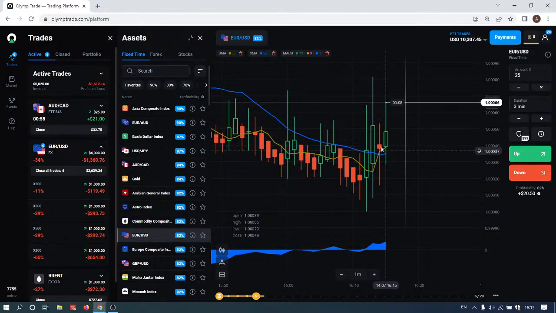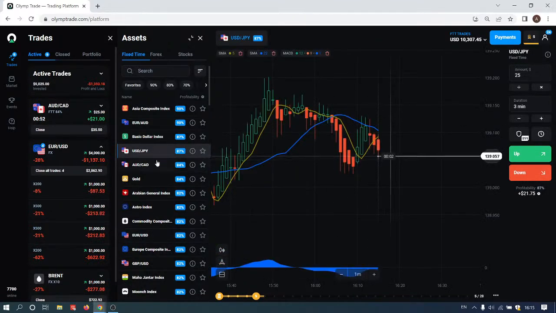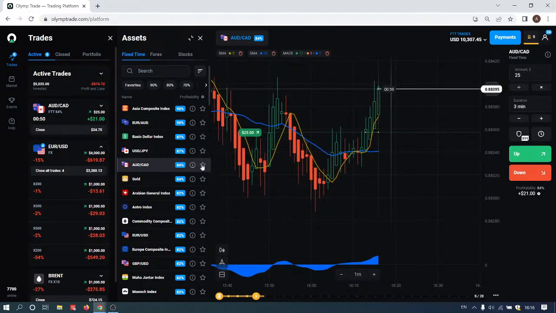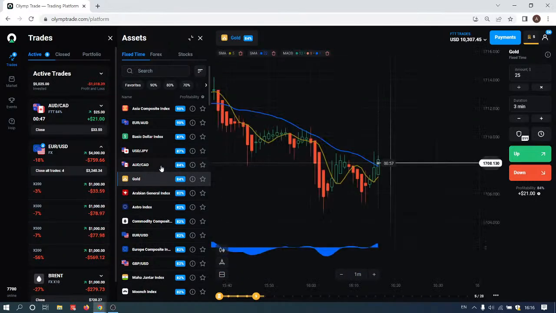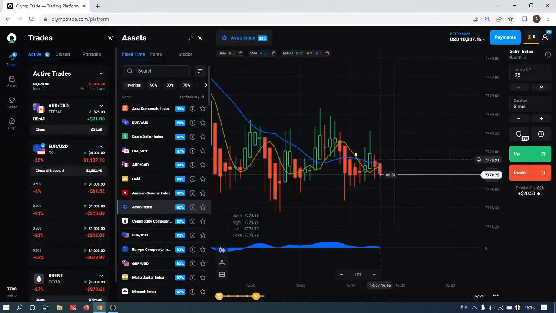So I want to have a bigger confirmation. If you are not sure, you can just easily skip a trade. There is nothing wrong with that. If you are in doubt and you feel that something is not right about a certain trade, then just go ahead and skip it.